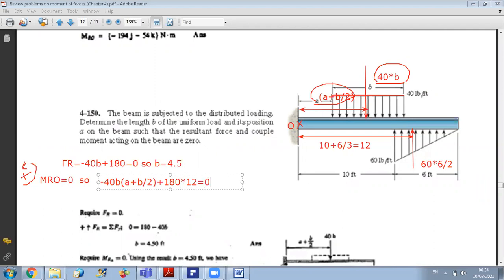Since you have already calculated B from the first equation, you replace B by its value here, then you will end up with one equation with one unknown. Your unknown in this equation is A. You can calculate then the value of A. So in this way, we have calculated what should be A and B in order to have a resulting force and resulting moment couple equal to 0.